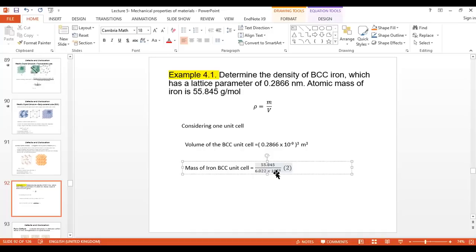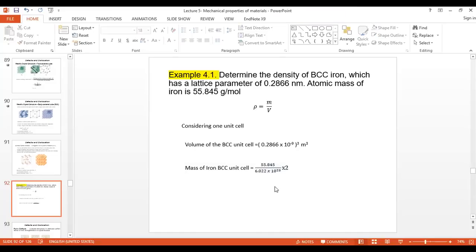So within the bracket I multiply this by 2, right? So this is the mass of the unit cell. This is the volume of the unit cell. What you should do now is find the density. You divide this by the volume. Then you can get the density of BCC iron.